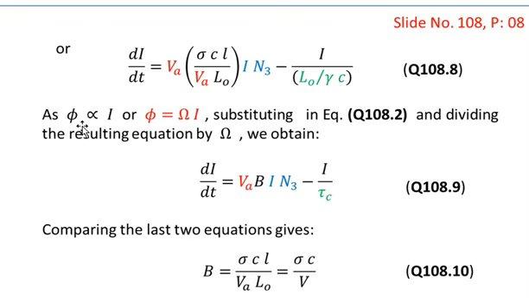Now you see that the photon flux is proportional to the intensity. So phi is proportional to I, or phi can be written as omega times I, where omega is some constant.